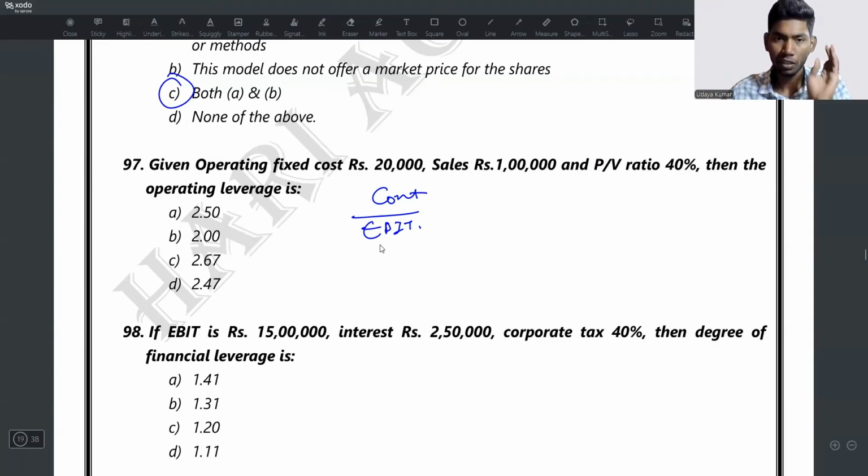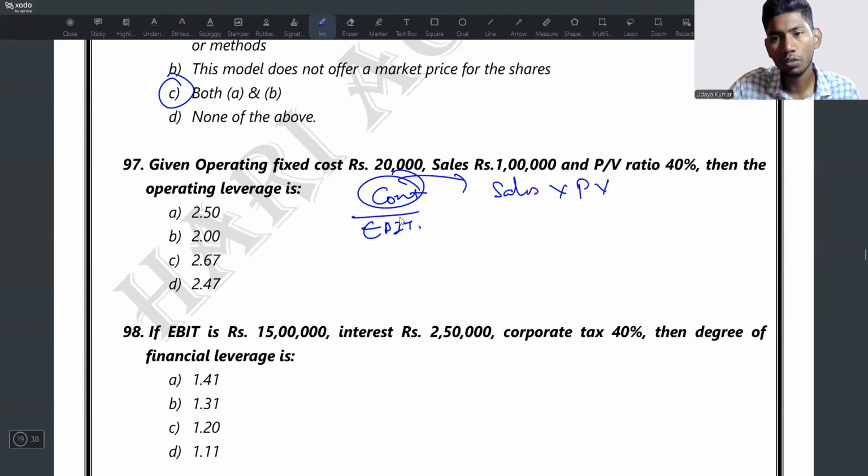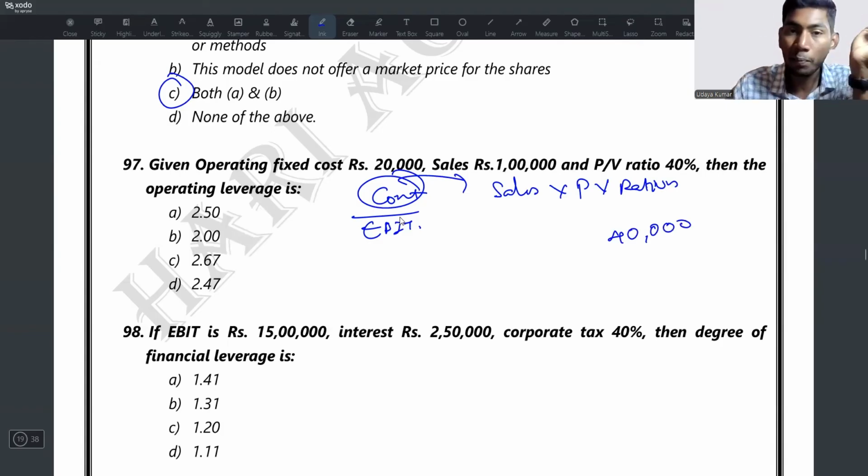Moreover, operating profit is equal to contribution minus operating fixed cost. If you deduct 20,000 from the 40,000, you will get the operating profit, which is your earnings before interest and tax, that is EBIT.